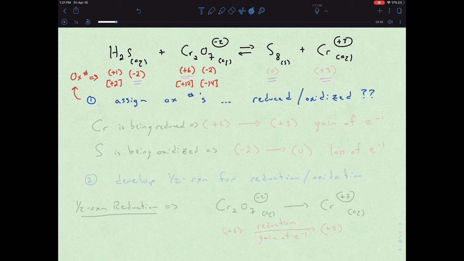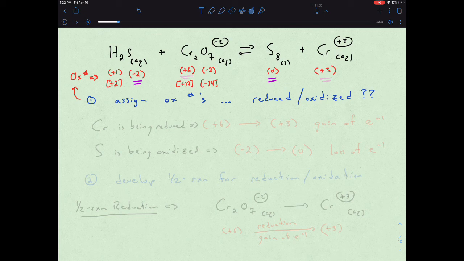If we go over to our products, sulfur exists naturally as S8, so it would have a 0 oxidation number, and chromium monoatomic in that +3 charged state, so it would have a +3 oxidation number. So in looking at the changes that are occurring, we see that the sulfur is going from this -2 oxidation state to a 0 oxidation state.